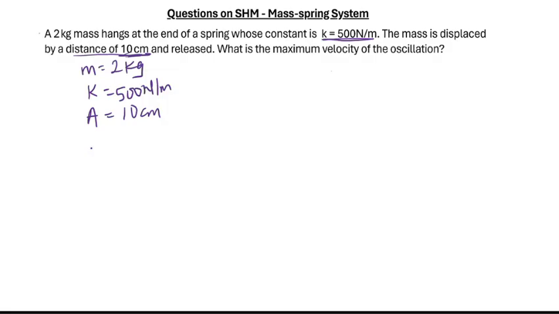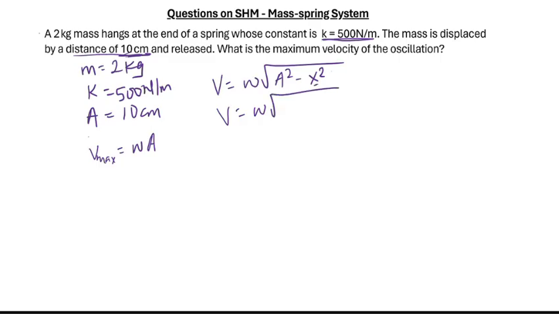Remember, we derived a formula in our last video that the maximum velocity is equal to omega A. When we say that v equals omega square root of A squared minus x squared, the displacement x will be 0 because at the mean point velocity is maximum. Then if it is 0, this becomes only amplitude, and square root of amplitude squared will give you omega A.